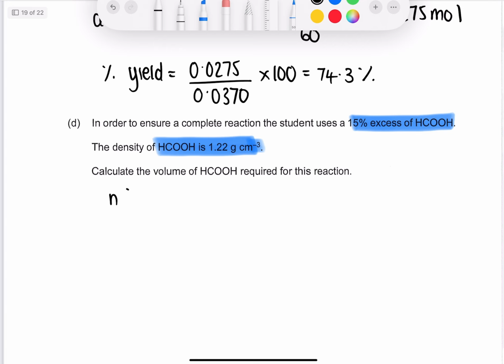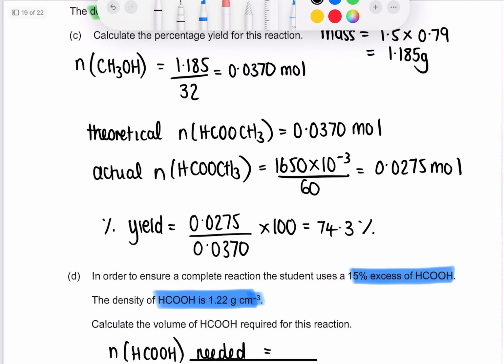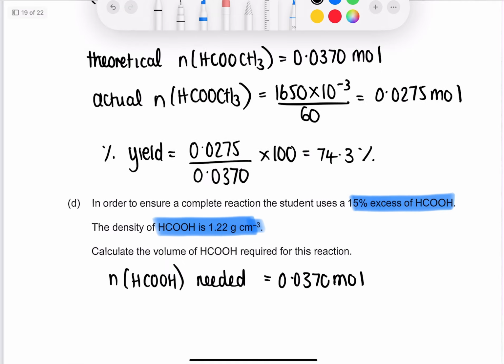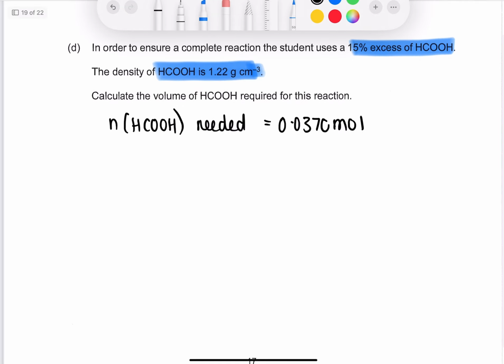So the number of moles of HCOOH needed in the 1 to 1 ratio would be the same as the moles of methanol, 0.0370 moles. But if we want a 15% extra, the excess 15%, we need 115% in total.